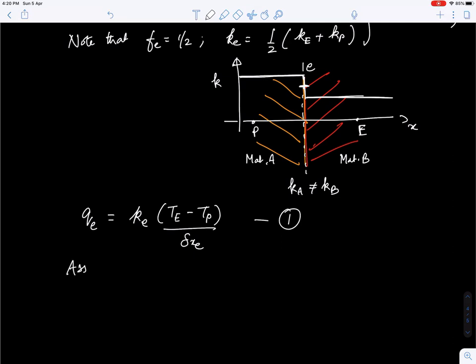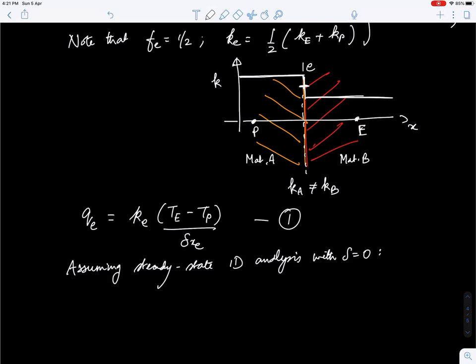So let's say we solve a steady state, one D analysis with no heat generation.